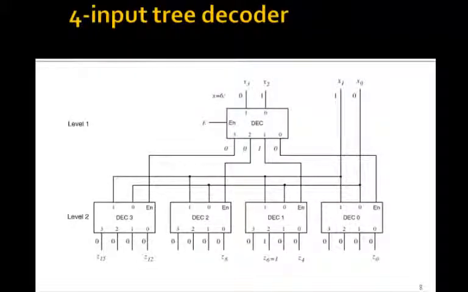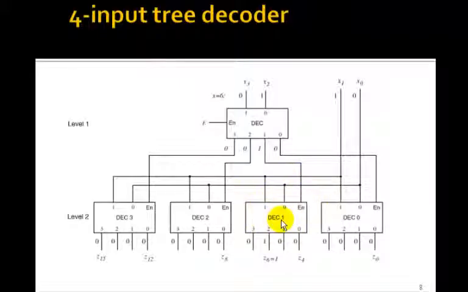This shows how to make a 4-input tree decoder. Here there are 5 2 to 4 decoders, and it produces a 4 to 16 decoder. This first one is enabled, so for example, suppose the input is a 6, 0, 1, 1, 0. Then in this decoder you really have a 0, 1, which is a 1, so the 1 output comes out, and these outputs all go to the enable of each of these 4.